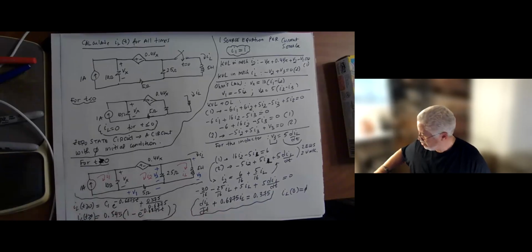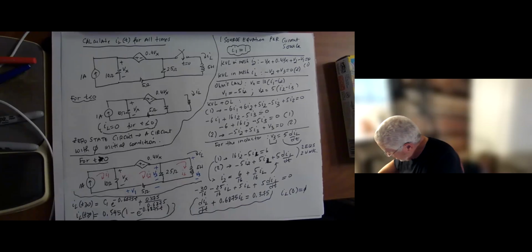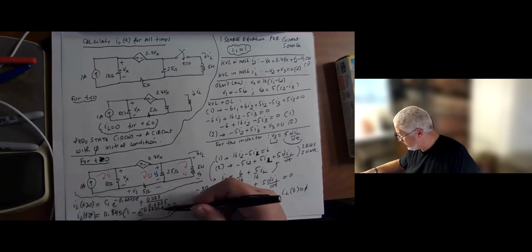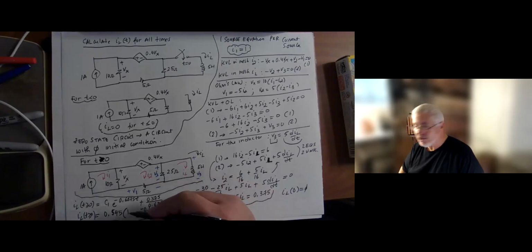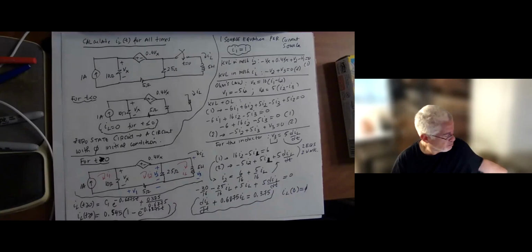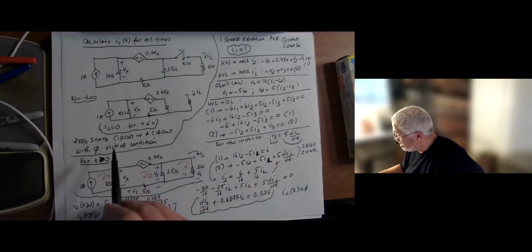That's the end result for our problem here. You can clearly see for t equals 0, the exponential goes to 1 and the initial condition goes to 0. This is actually a fairly interesting problem because it also shows you a zero state circuit.